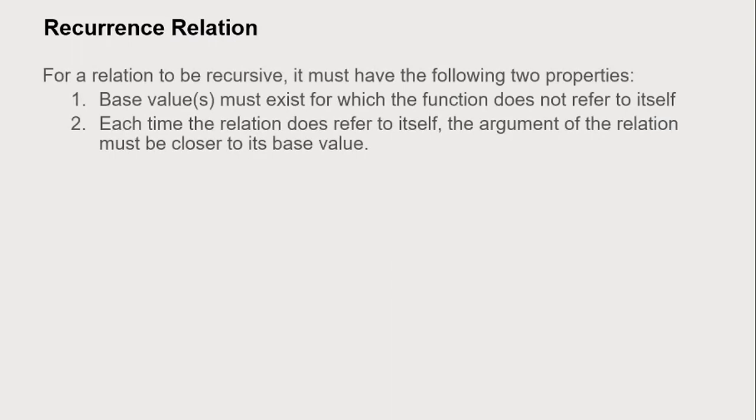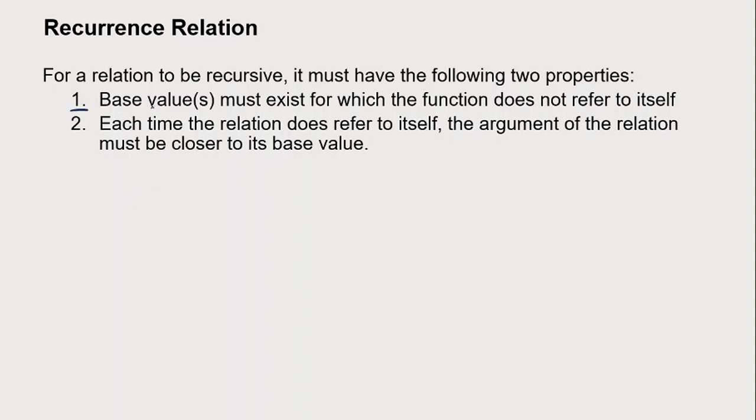We will see one short example of the difference between iteration and recursion in terms of a program to find a factorial right towards the end of this video. But for recursion to take place, we need to ensure that two things are satisfied.